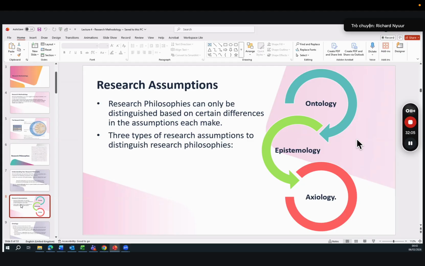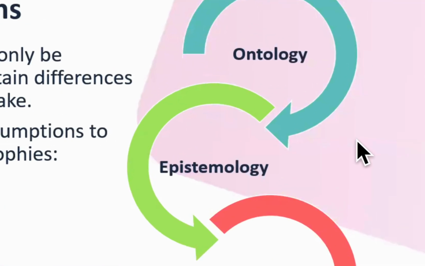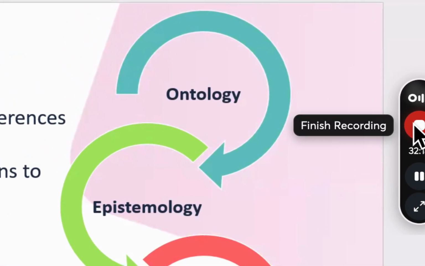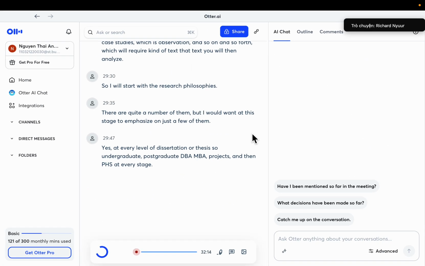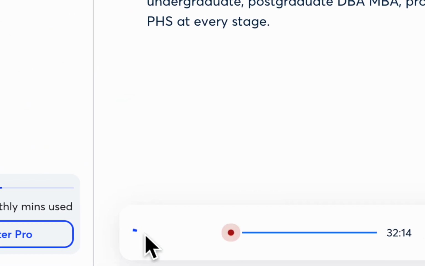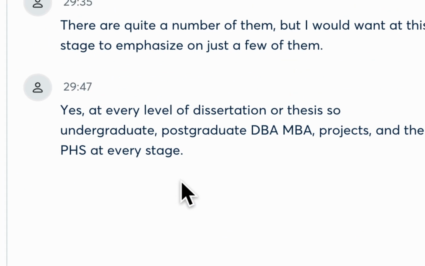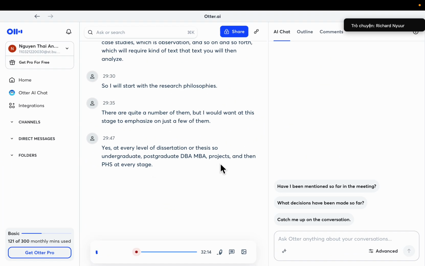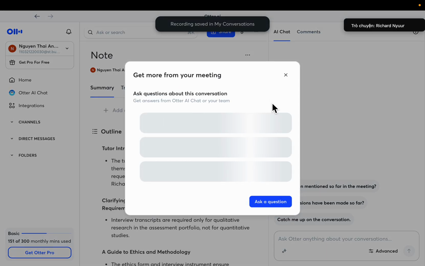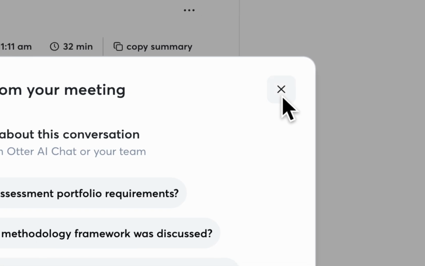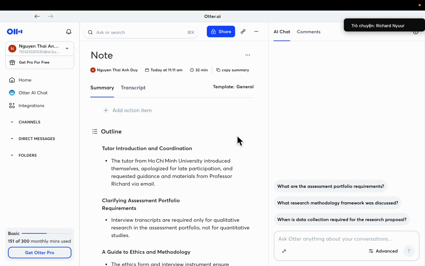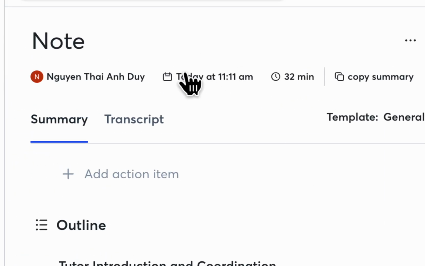And there are a number of research philosophies. We have the ontology, the epistemology, and the axiology. Now, these three major philosophies are linked together, and they only explain people's assumptions in terms of what constitutes knowledge.